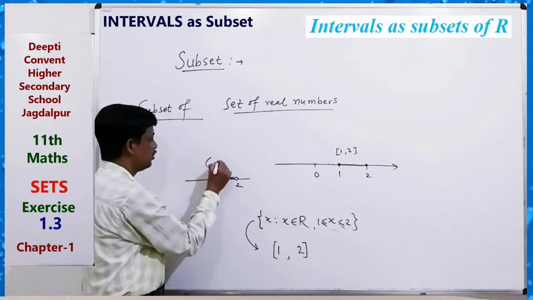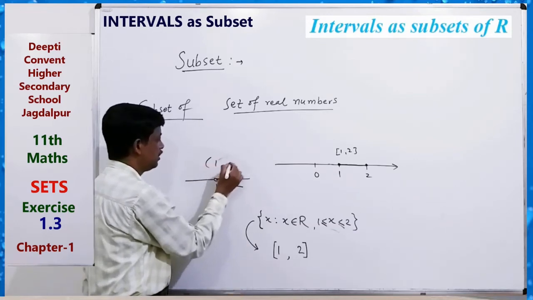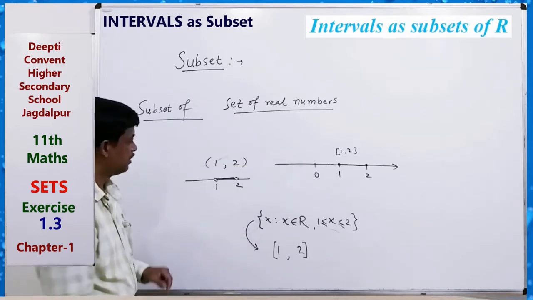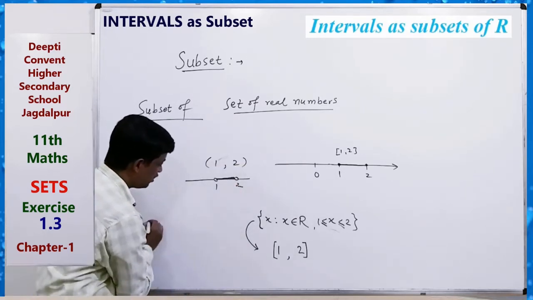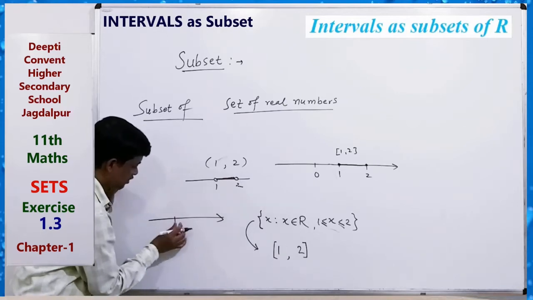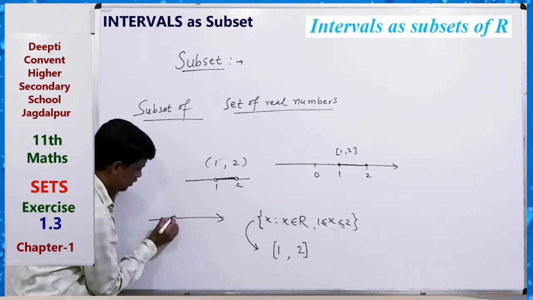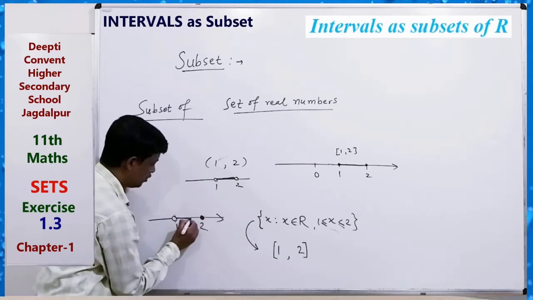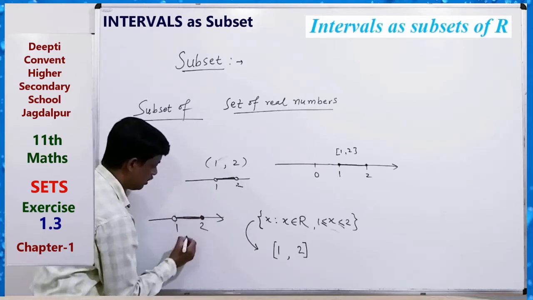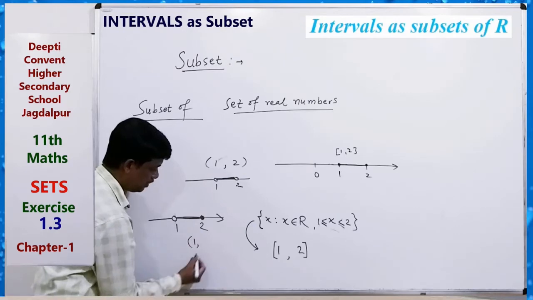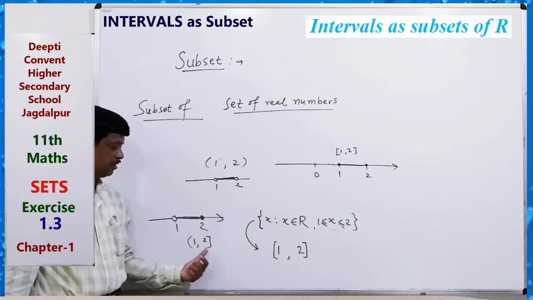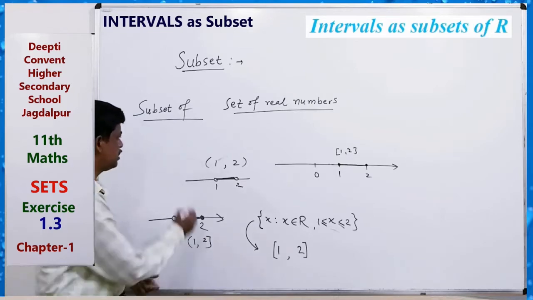That is (1, 2), open side; for this, closed side. And suppose we note it like this: 1, 2. What is this? 1 open and 2 closed. Left open, right closed. And we can also write like this.